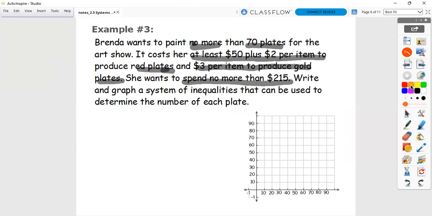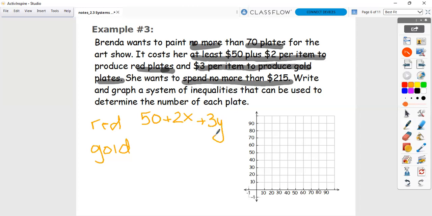So first of all, we have red plates and gold plates. It costs her $50 plus $2 per item to produce red plates and $3 per item to produce gold plates. So we have 50 plus $2 per red, so we'll call red X, plus $3 for gold.